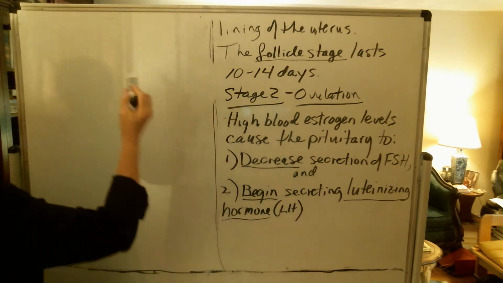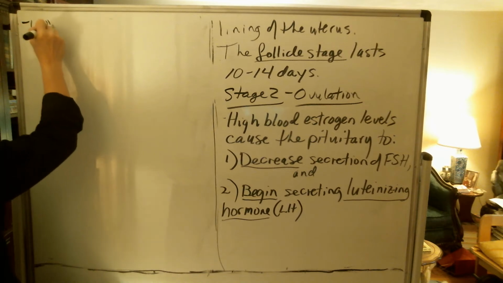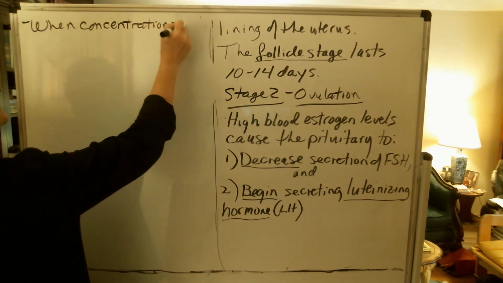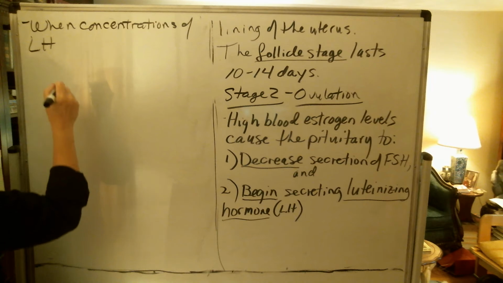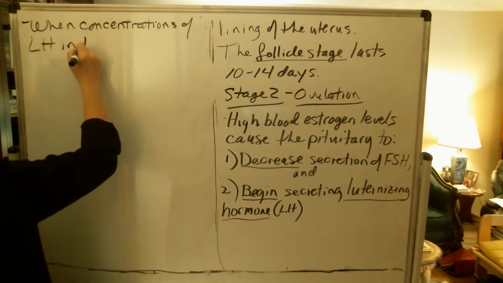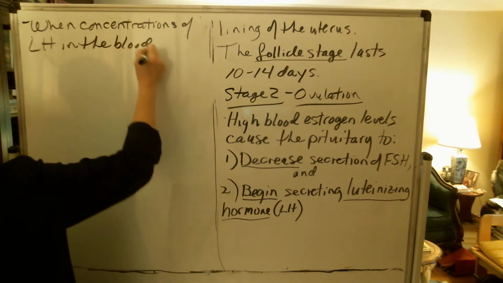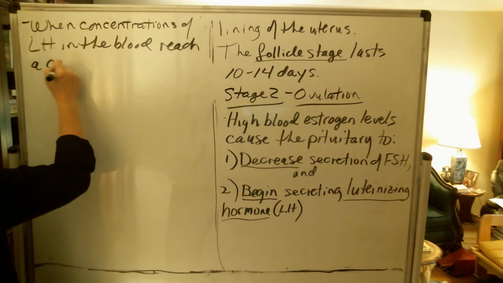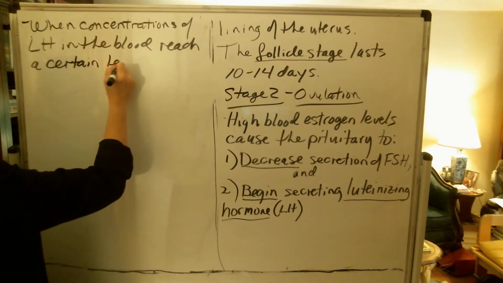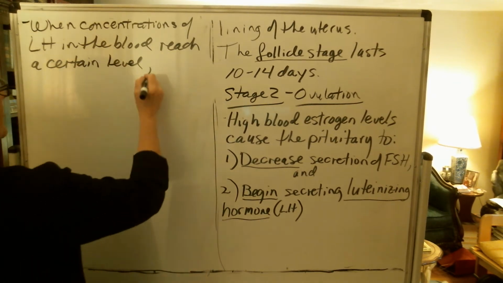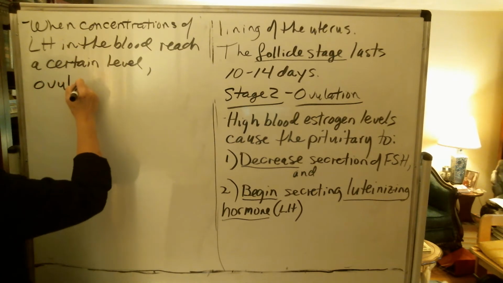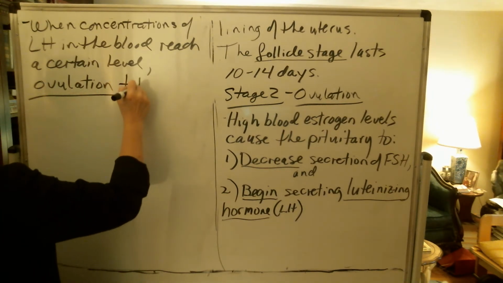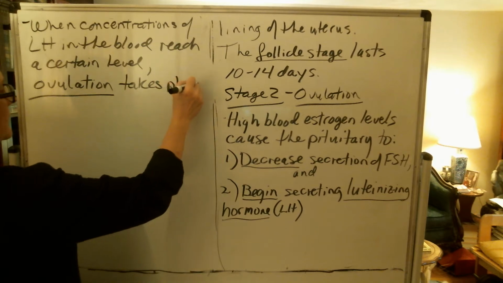So now we have luteinizing hormone on the rise, and when concentrations of luteinizing hormone in the blood reach a certain level, then ovulation takes place.